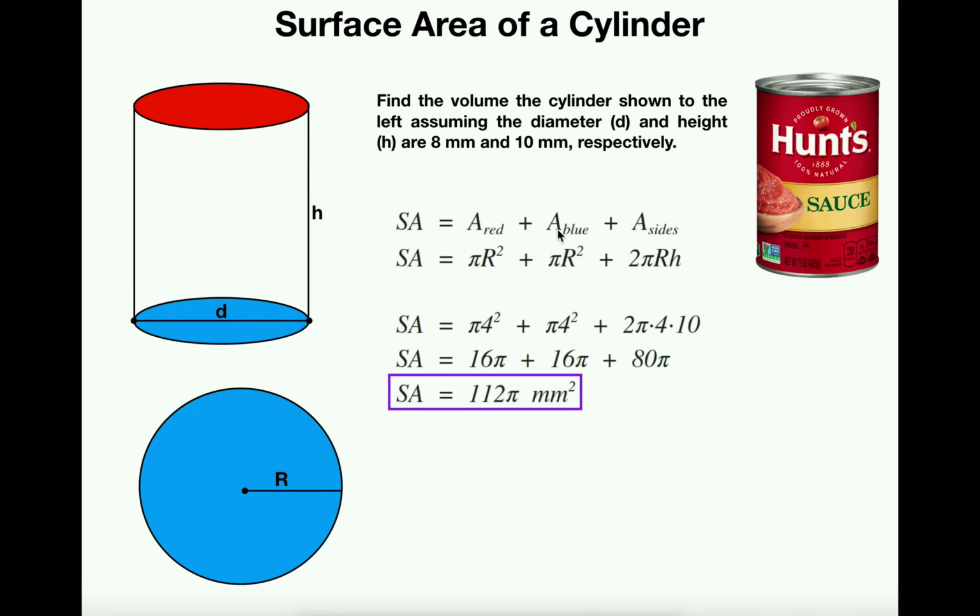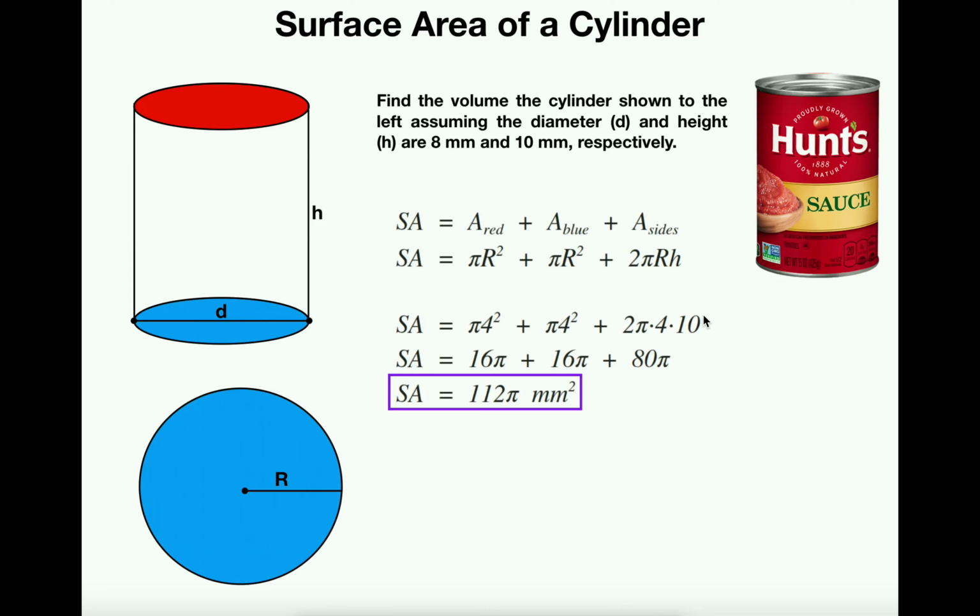In fact, it's going to be the same thing for the blue circle as it was the red. So it's going to be pi times 4 squared, because that circle, the blue one that is, has the same radius as the red circle. And then to get the sides of this cylinder, I would take 2 pi times 4, which is the radius, and then multiplied by 10, which is the height of the cylinder.